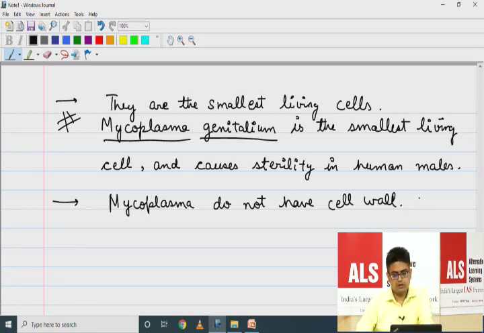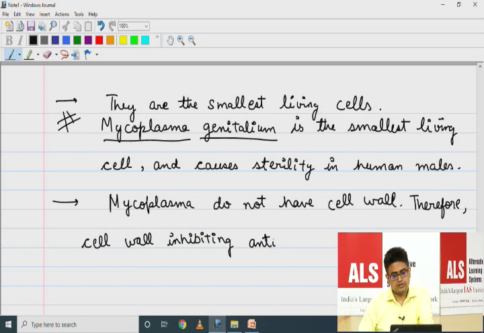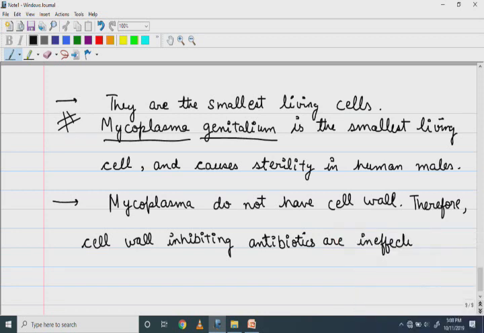Mycoplasma do not have a cell wall. Therefore, cell wall inhibiting antibiotics are ineffective against mycoplasma.